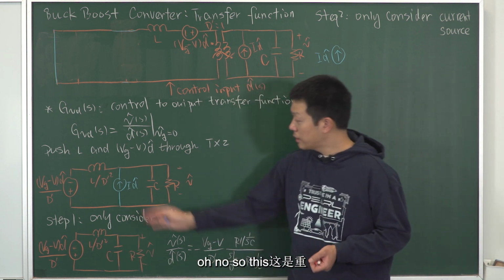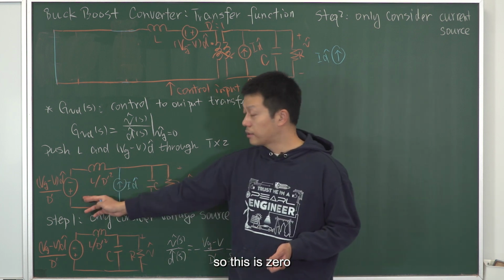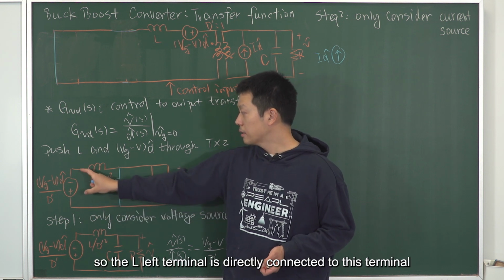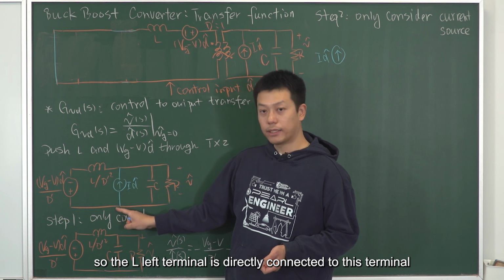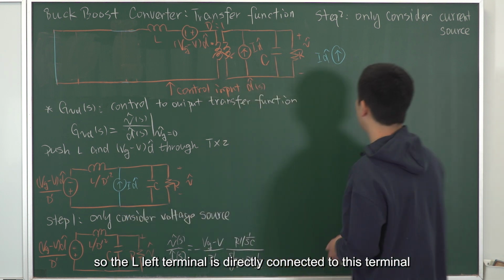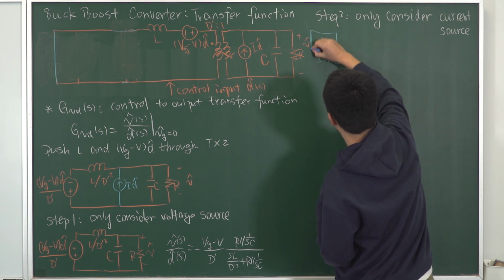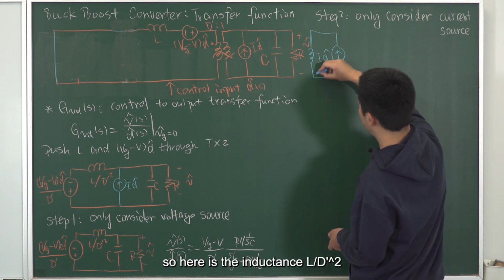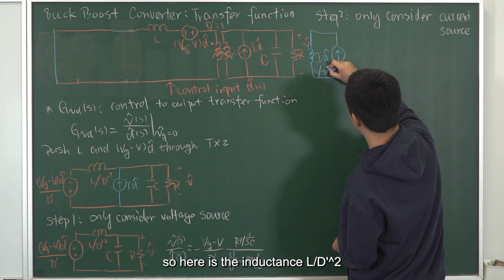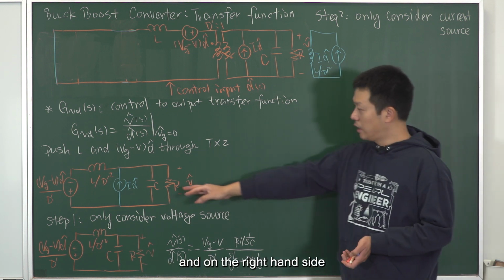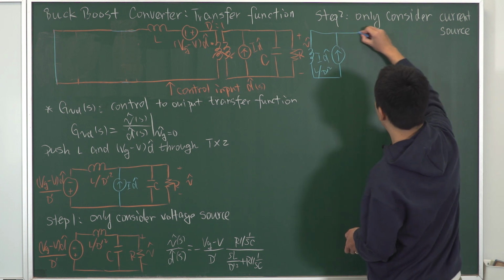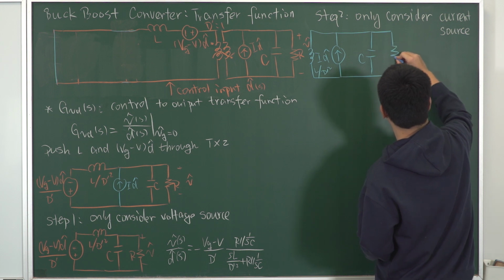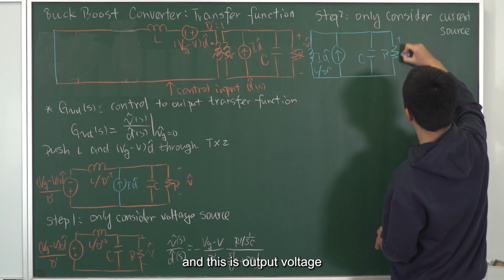So this voltage source is 0, which will be equivalent to a short circuit, right? So the L left terminal is directly connected to this terminal. So here is the inductance L over D prime square. And on the right-hand side, we still have this RC network. And this is the output voltage.